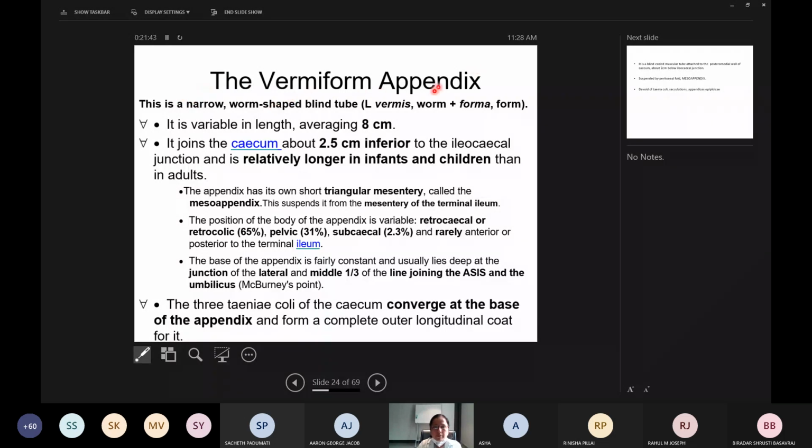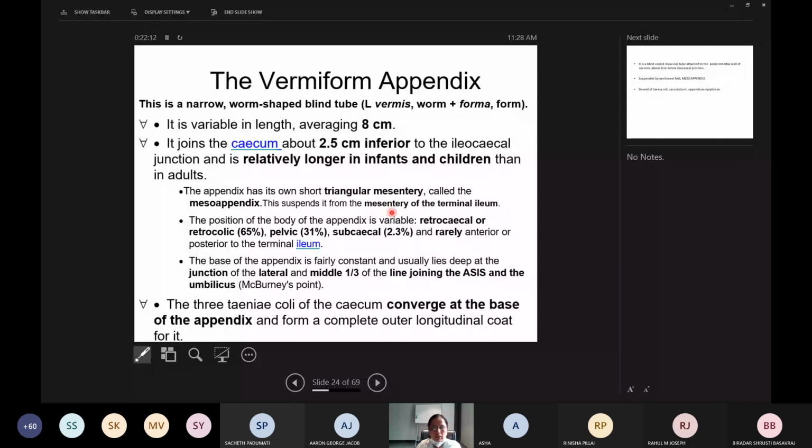The vermiform appendix is a narrow, worm-shaped blind tube or blind diverticulum, around 2 to 20 centimeters in length, the average being 8 to 9 centimeters. The length varies: it is usually longer in infants and children, and in mid adults the length goes on decreasing. It joins the cecum about 2 centimeters below the ileocecal junction.